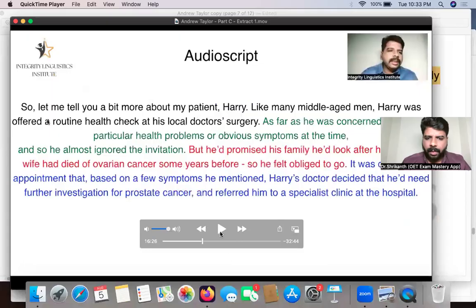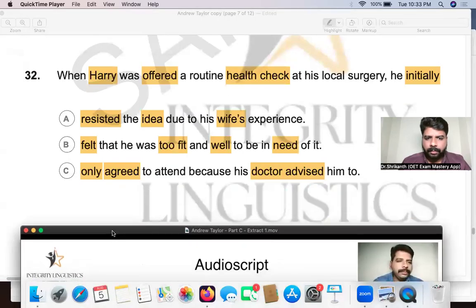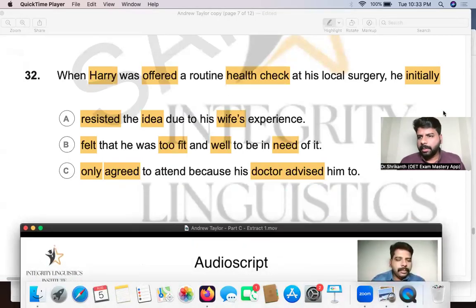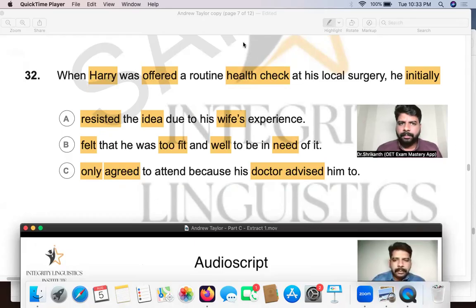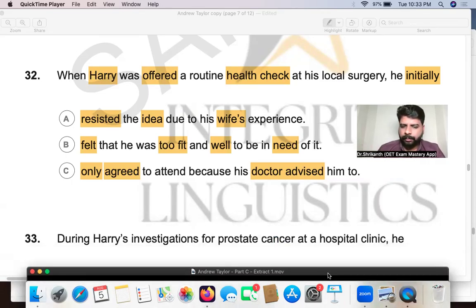So, let me tell you a bit more about my patient Harry. Like many middle-aged men, Harry was offered a routine health check at his local doctor's surgery. As far as he was concerned, he had no particular health problems or obvious symptoms at the time, and so he almost ignored the invitation.